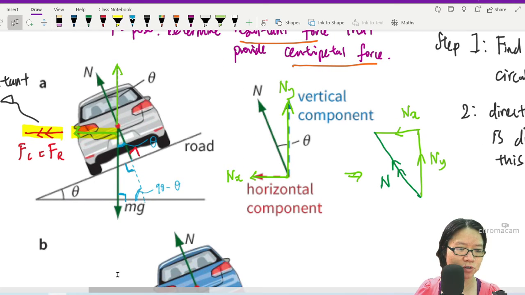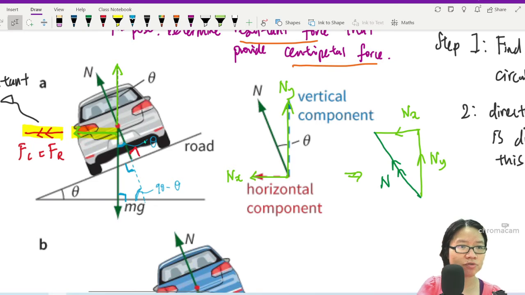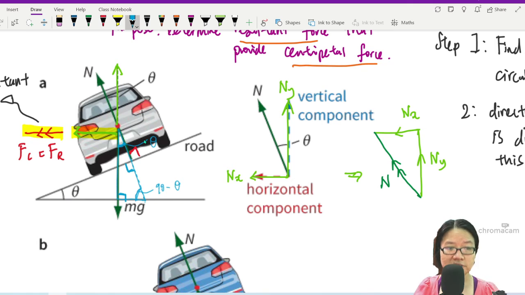So if this angle is theta, you slowly trace out the triangle. I'm using this triangle. The reason why I know this is theta is because in this triangle, this angle is 90 minus theta.